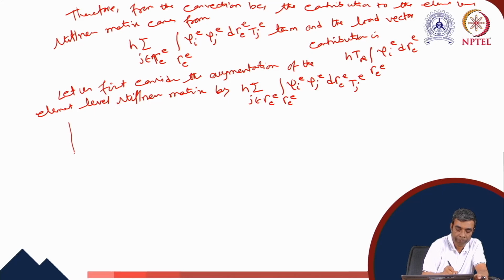So this is the boundary. We have the element E with local nodes 2 and 3.